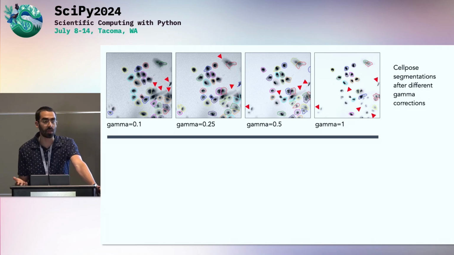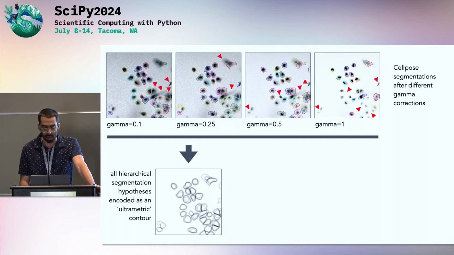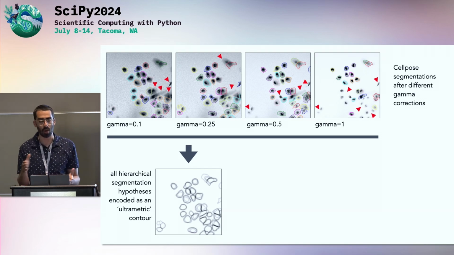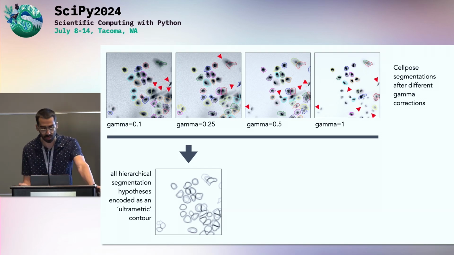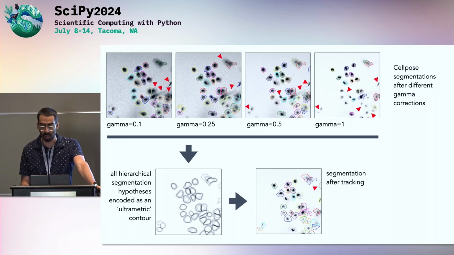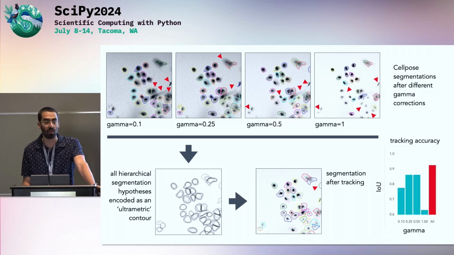So what we can do, using the framework we just developed, is combine the contours of all these labels and obtain a fuzzy contour, and with this we can use the temporal information to do the tracking. And then, looking at how the segments are consistent over time, we can obtain a result that is more accurate than what we had before.